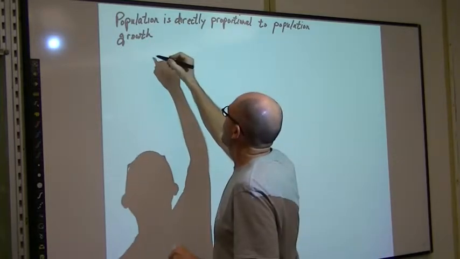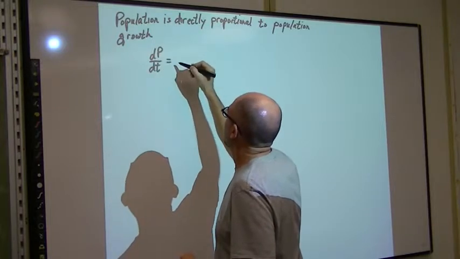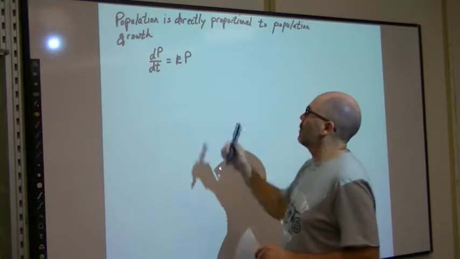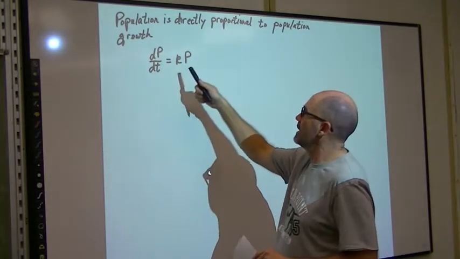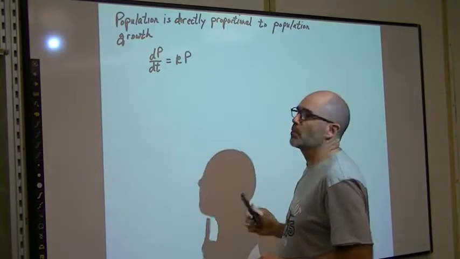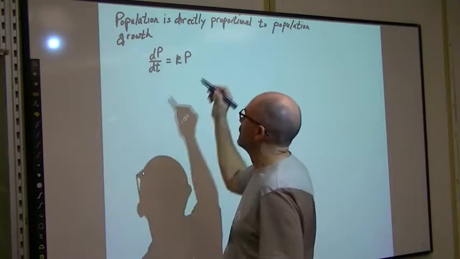So that gives us the equation dP/dt equals kP. So population growth dP/dt equals some constant times population. That's direct proportionality. So let's go to town here. We're going to solve this.